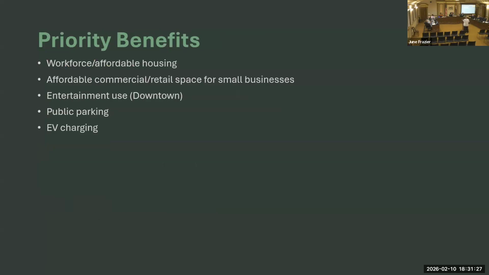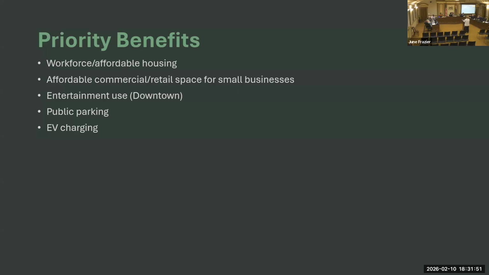Okay, so breezing through this, the priority benefits list. So a little bit of this will then come once we have those benefits of 1, 2, and 3 called out. But this was my initial thought. The providing workforce or affordable housing for a priority benefit, it might be something, and I'll listen for some feedback on this.